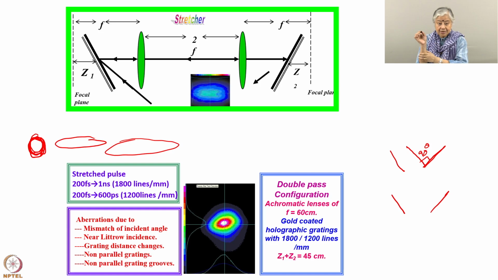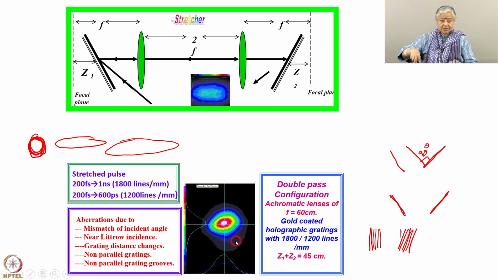These are anti-parallel, but they have to be exactly anti-parallel, that means 90 degrees opposite of exactly parallel. And non-parallel grating grooves, okay, if I show the grooves like this of one, and the other one because of my placement may not be exactly perpendicular, may be at an angle, then also if this is mismatched, you get not the ideal beam at the end of that pass.